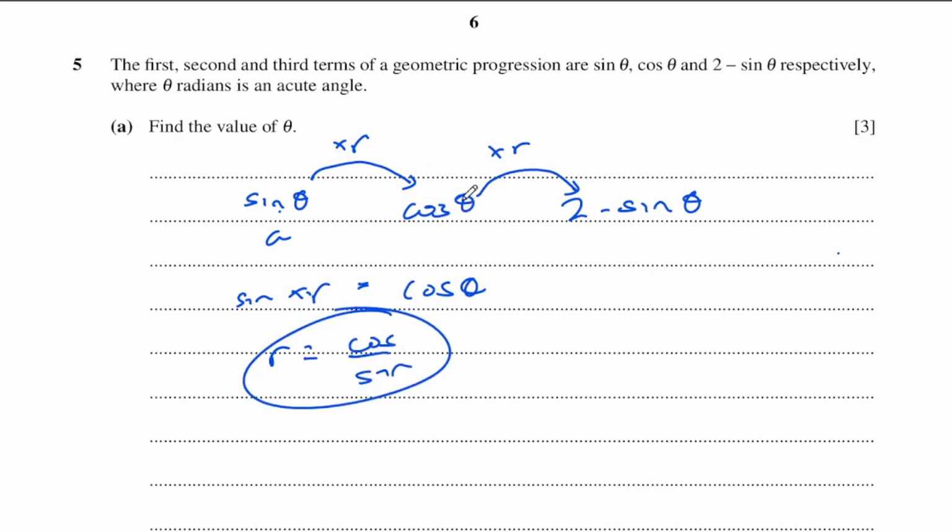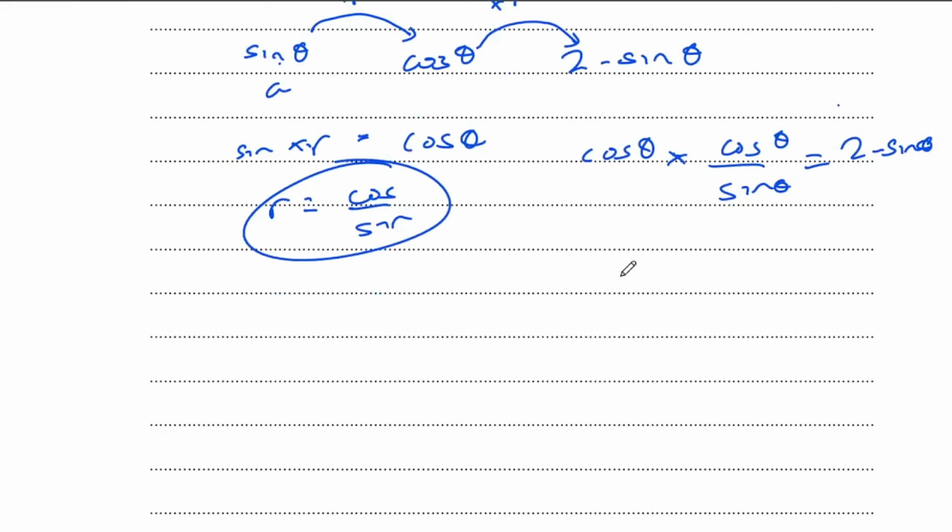And so we need to get that here as well. So cos theta times cos theta over sine theta should equal 2 minus sine theta. So we need to find the value of theta that would give us this. This is just going to be cos squared theta over sine theta equals 2 minus sine theta. Remember, always start by removing all the denominators.